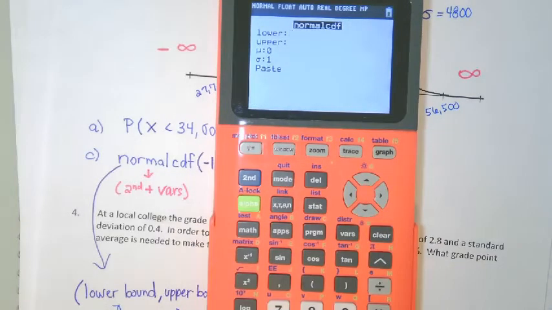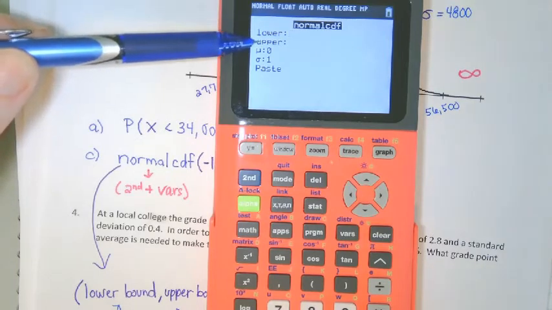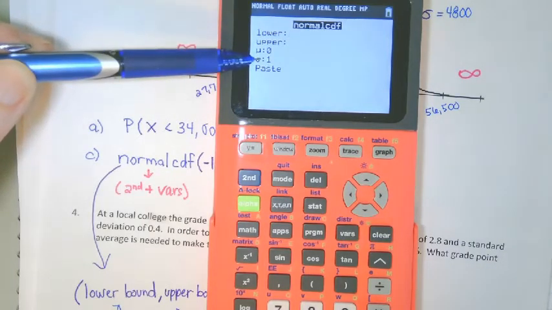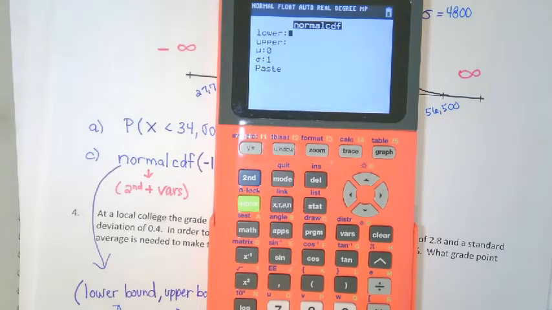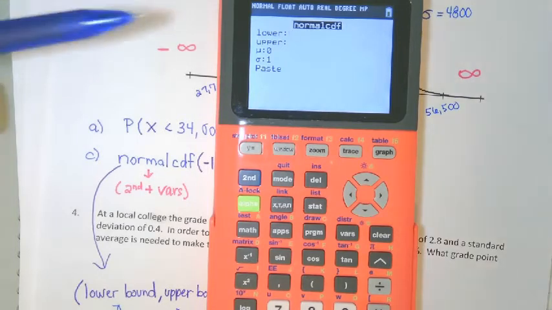And again, depending on what version of a graphing calculator, they'll either give you these specific 4 words, or it might just be a blank set of parentheses where you're just going to enter each of those 4 values with a comma separating them.